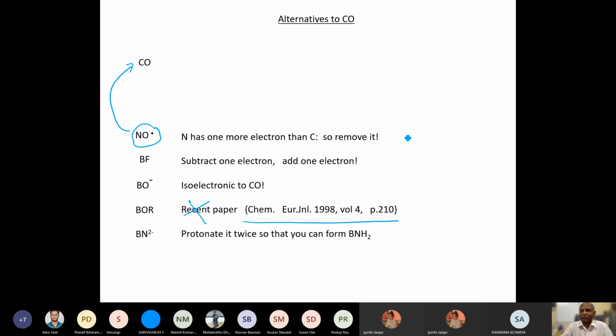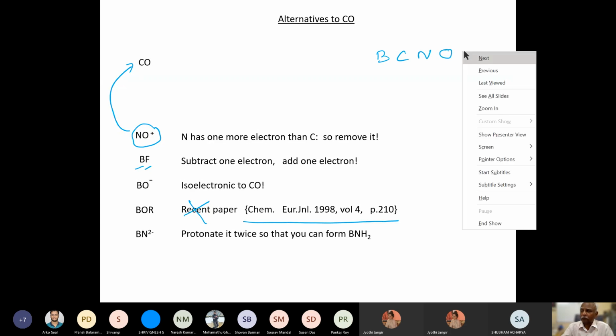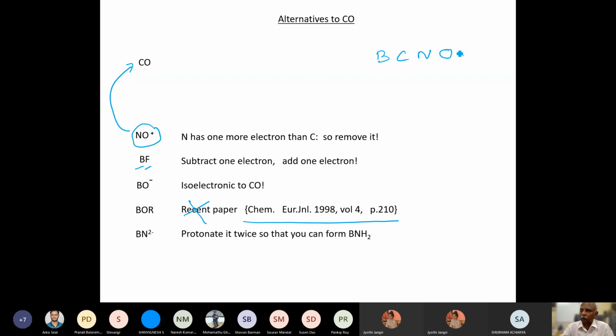But can we do something else? And the answer is we can change both. If you remember, our periodic table tells us boron, carbon, nitrogen, oxygen, fluorine. So we have made a molecule with carbon and oxygen, and we found that that's the best ligand.